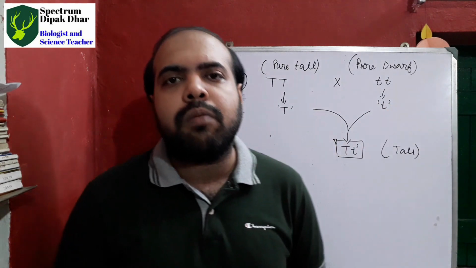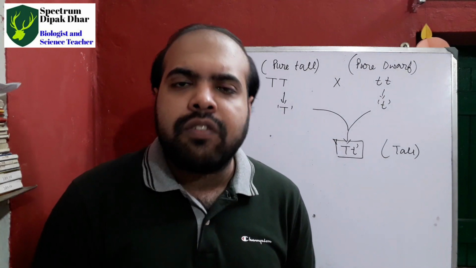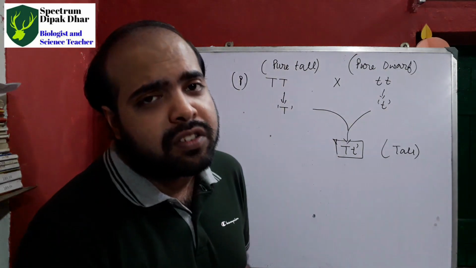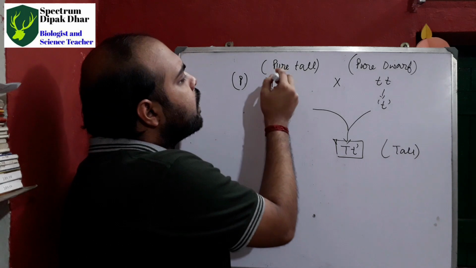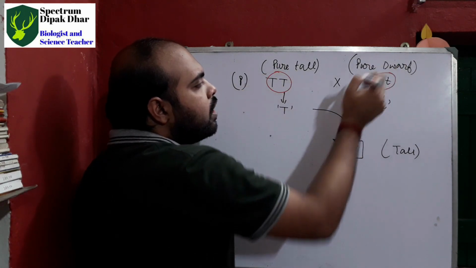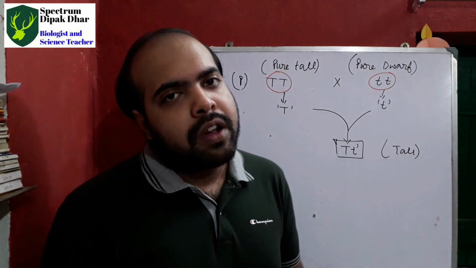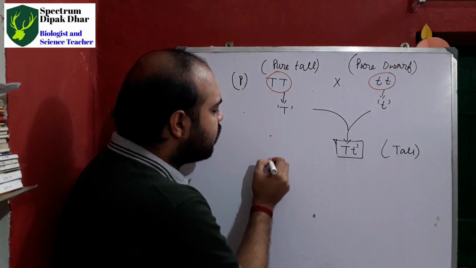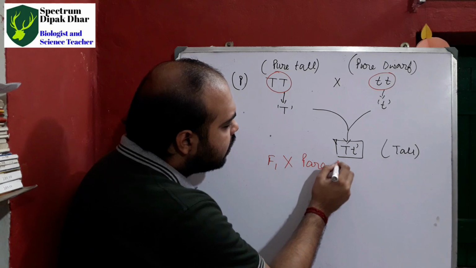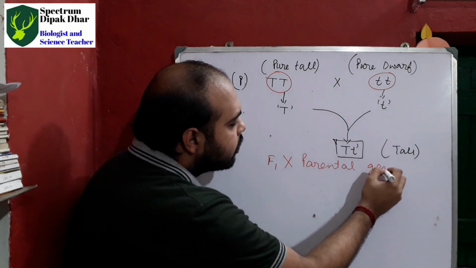Now what is back cross? Back cross is the crossing between the F1 generation and any of the parental generations. Now what are the parental generations that we have? Number one parental generation is capital T capital T, and the second parental generation is small t small t. So back cross is the F1 generation crossed with a parental generation, and the parental generation can be of two types.